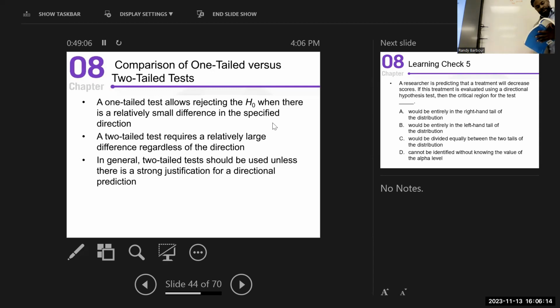So we're going to use what we call a two-tailed test, and we're going to use a 5% significance level. So our alpha level is going to be 5%, or 0.05 in decimal.